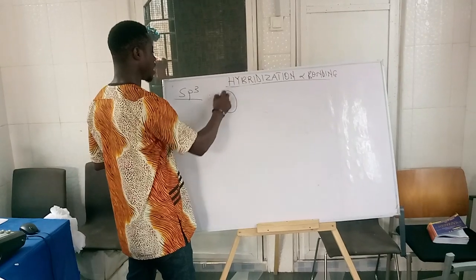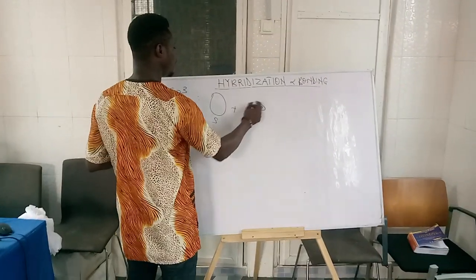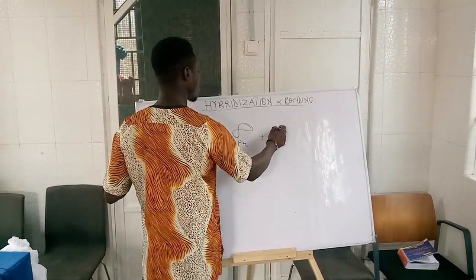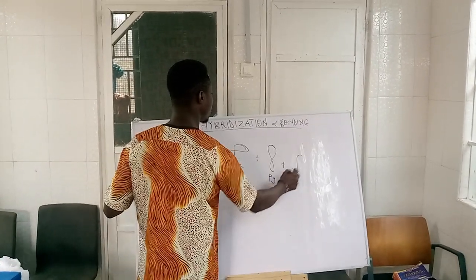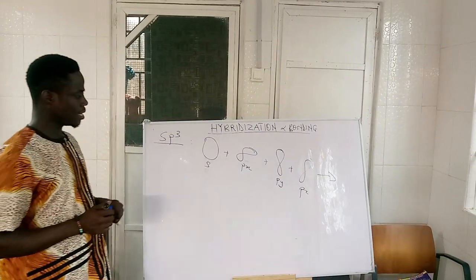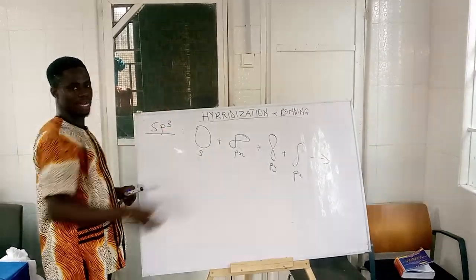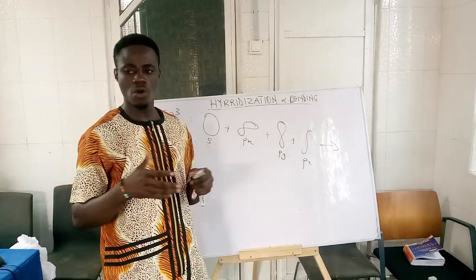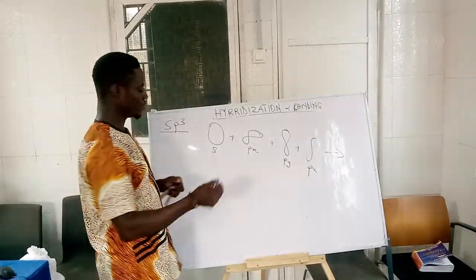I have an s orbital, spherical in shape, plus p orbital, px, plus py, plus pz. So if you are asked how many hybrid orbitals are formed after sp3 hybridization, anytime we have sp3 hybridization, there are 4 new hybrid orbitals formed.